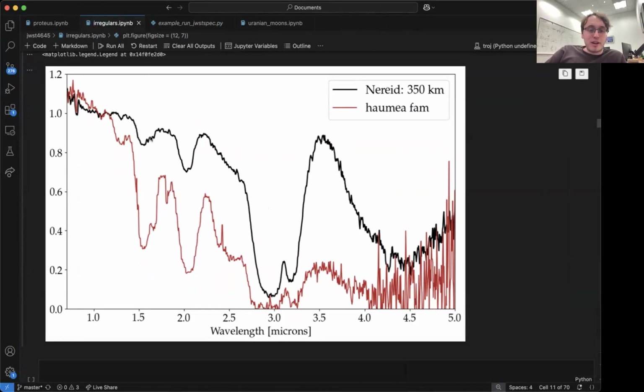You have this little plateau here, which is indicative of crystalline water ice, in fact, because in the outer solar system, you have crystalline and amorphous water ice, which are two different types. And then you have this 2 micron feature, which is what I was trying to see today on a Centaur by getting the spectrum. Then you have this giant absorption here where the reflected light, this is the y-axis, drops almost to 0.